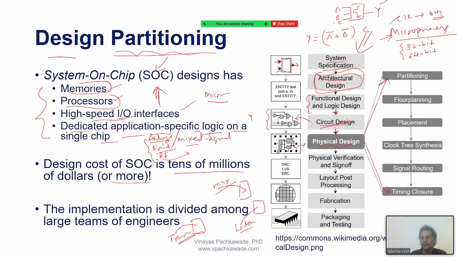We have to understand all these things. Partitioning means how I will break the complete architecture of the system on chip. Like I said, I have to decide who will design memories, processors, I/O interfaces, analog blocks, RF blocks. I will distribute this task to my team. Then flow planning: once all these blocks are designed by my team, they will interact with each other.